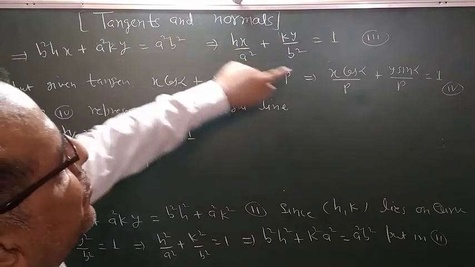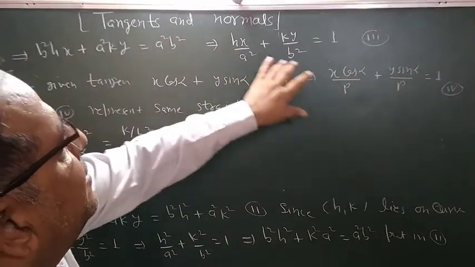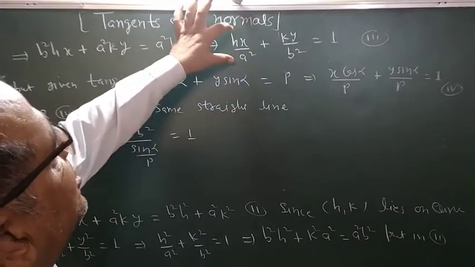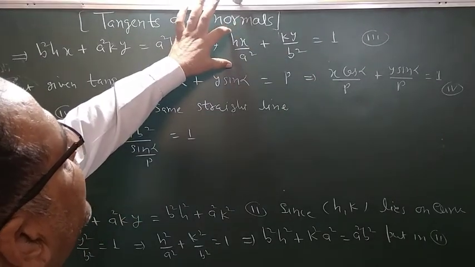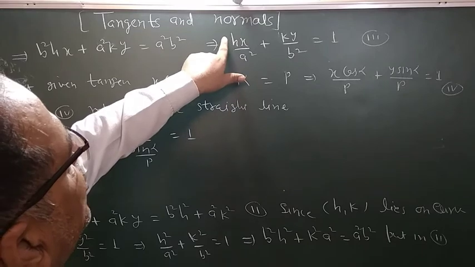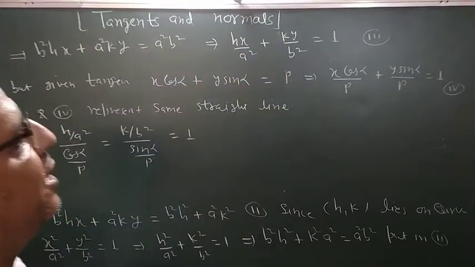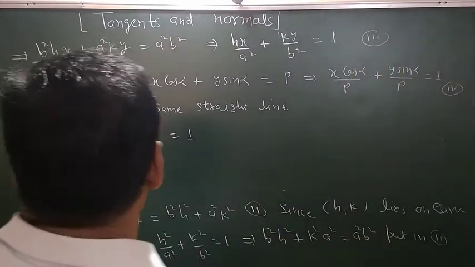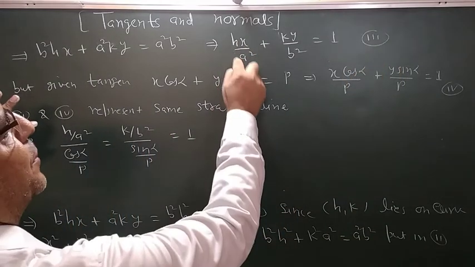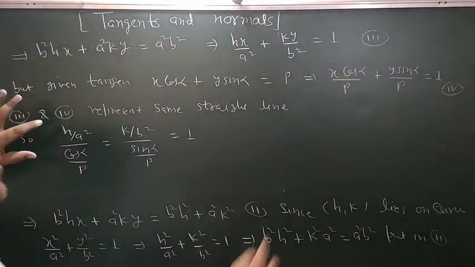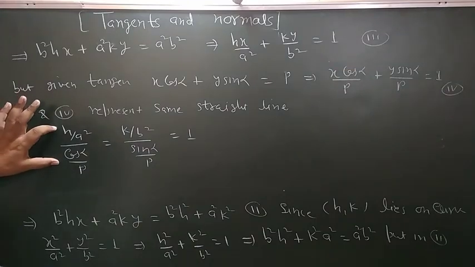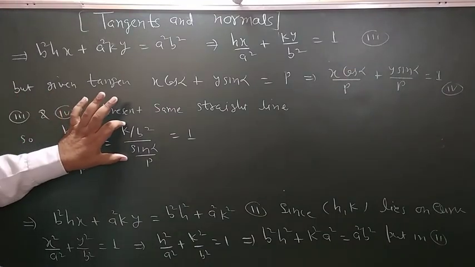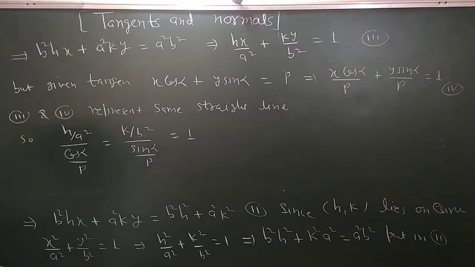Equation 3rd and equation 4th both represent the same straight line, because this is the equation which is found by us as the equation of tangent at the point h, k, and this is the equation of tangent given in the question. So now you compare it, h upon a square upon cos alpha upon p, that means the coefficient of x is equal to the coefficient of y, which is equal to the constant.